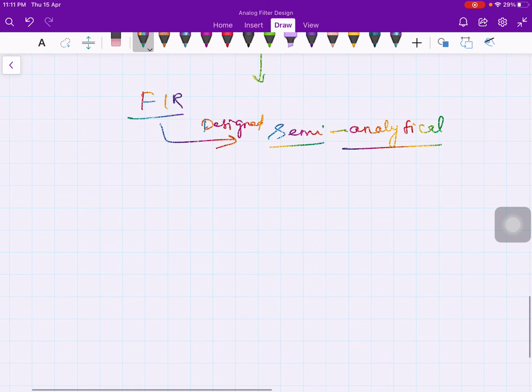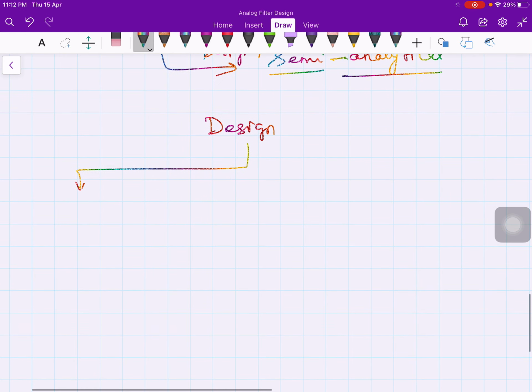So there are two semi-analytical methods. The first one is called windowing. The other is frequency sampling.